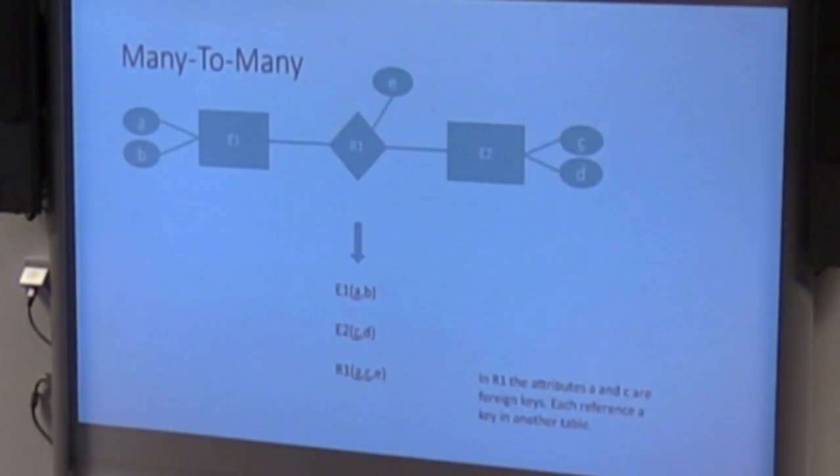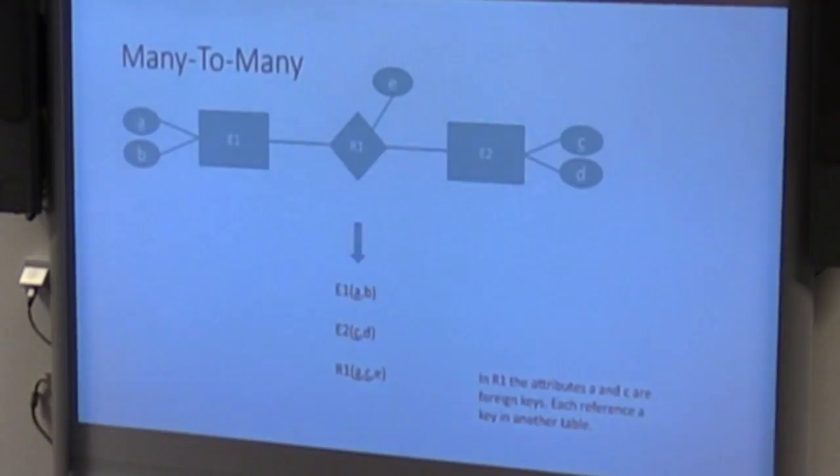So the question comes, when you have a many-to-many relationship, what do you actually do with that many-to-many relationship? Well, I think I've hinted to you that that relation R1 has to do with this in the end.